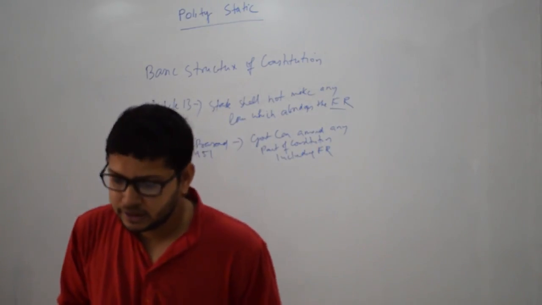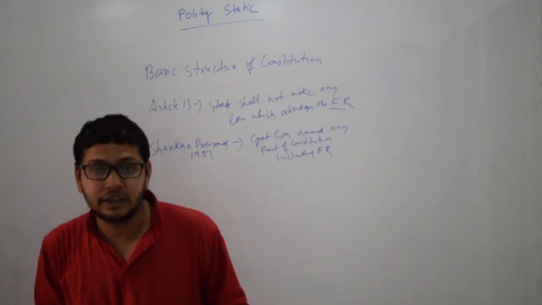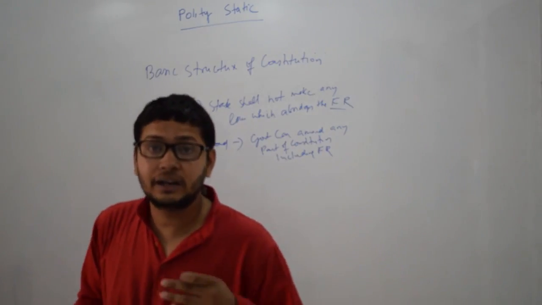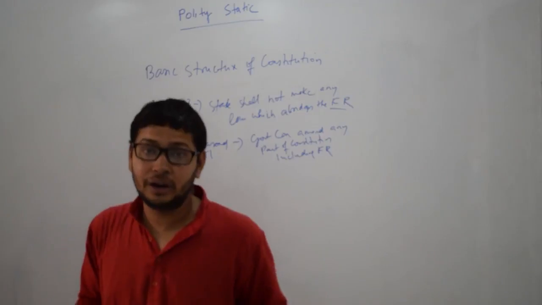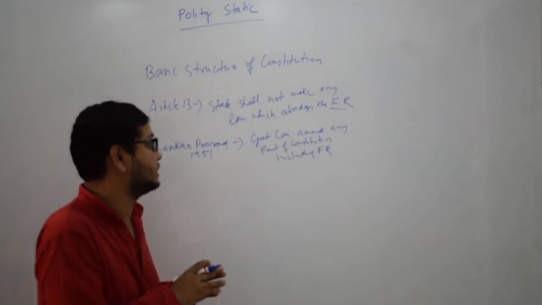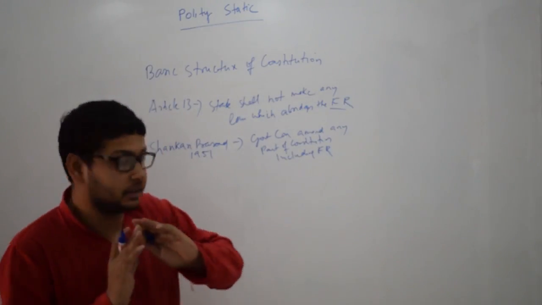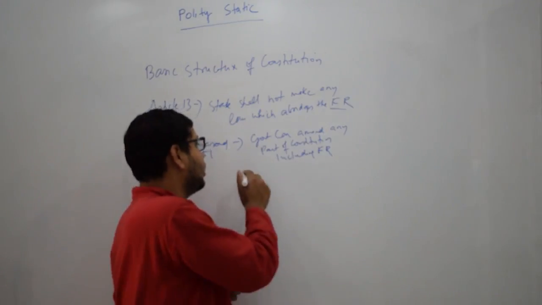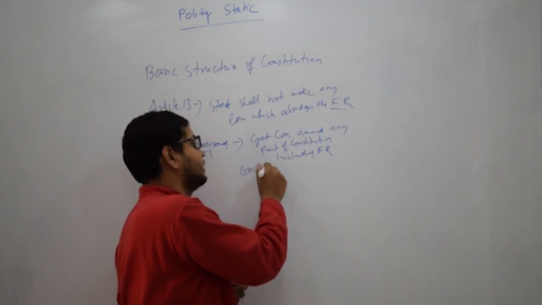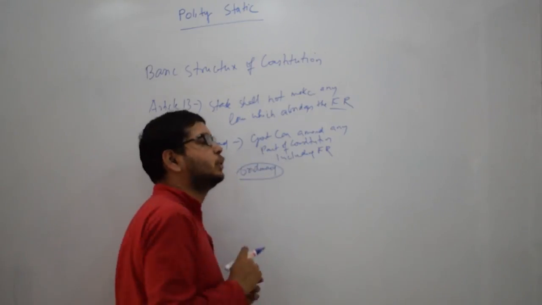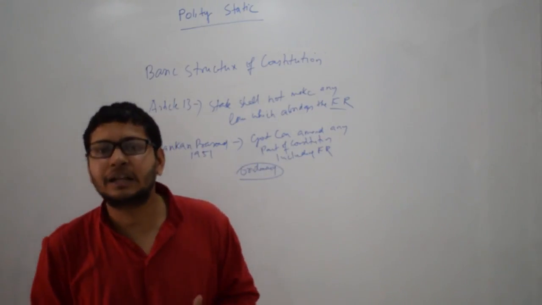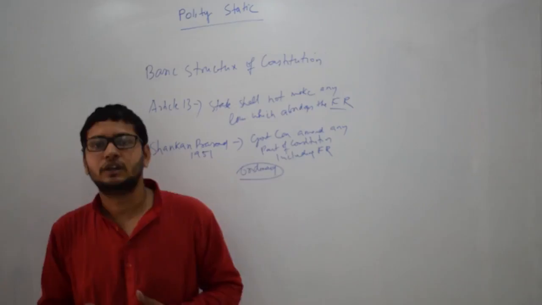And it said that the word law in Article 13 means only ordinary law. It does not mean constitutional amendment law. Through constitutional amendment, Parliament can change any part of the Constitution.